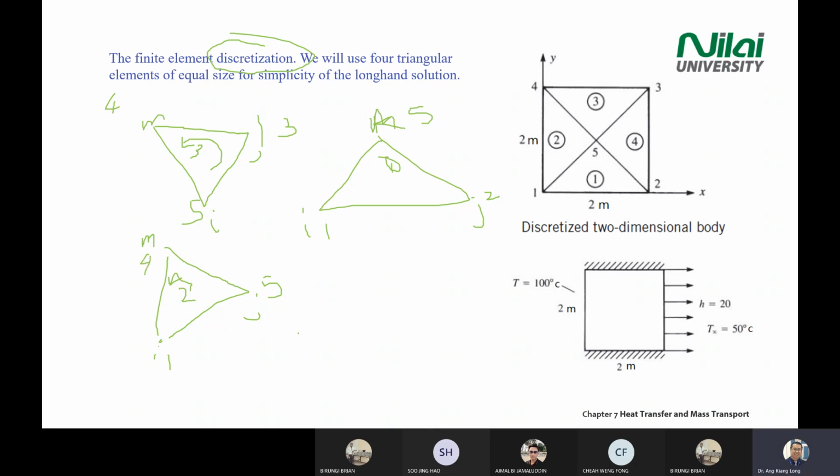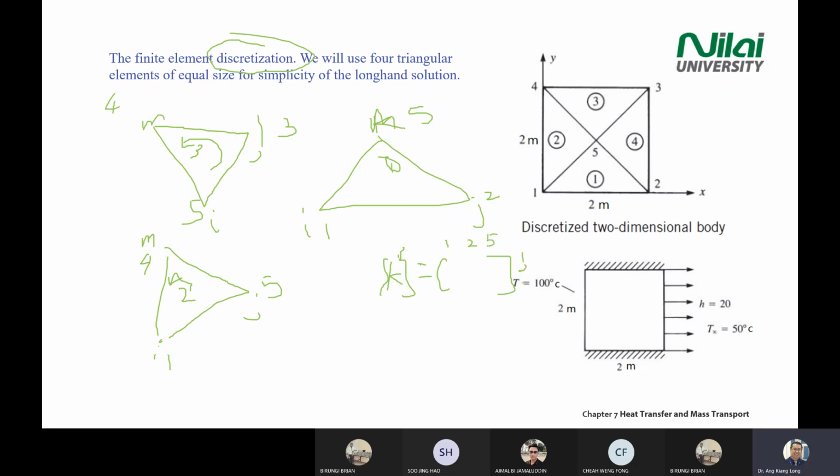Okay, and so on. So why is all this numbering important? Because when you build your K matrix later on, you need to assign them the number accordingly. So for example, element 1, you have 1, 2, and 5.